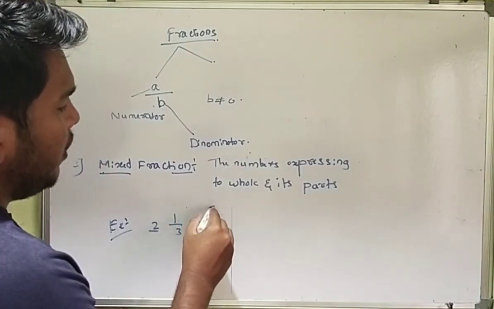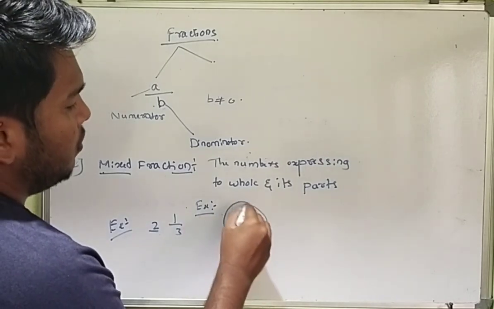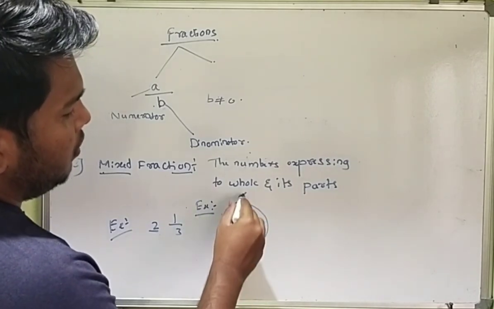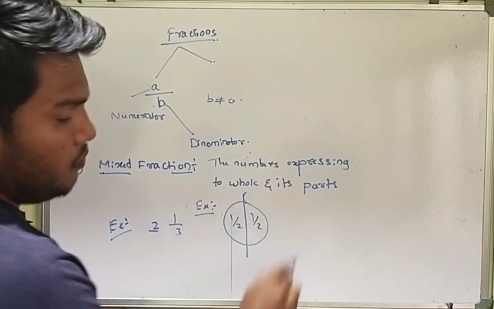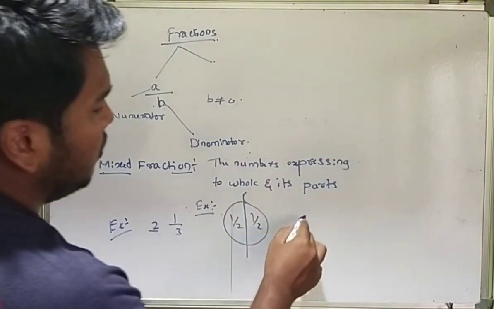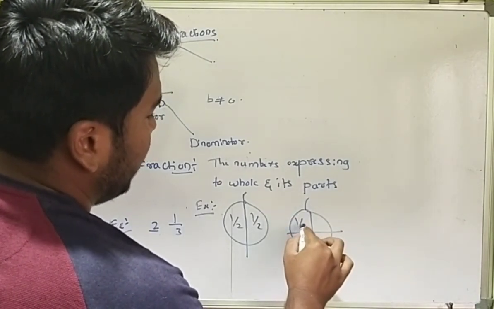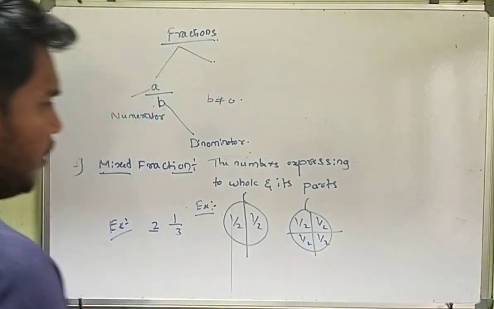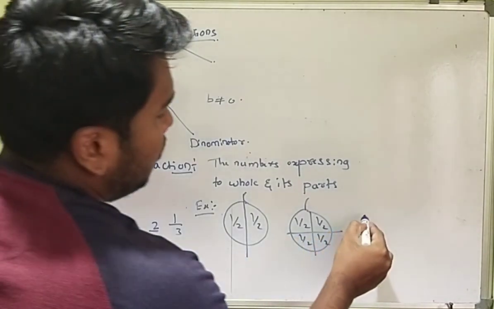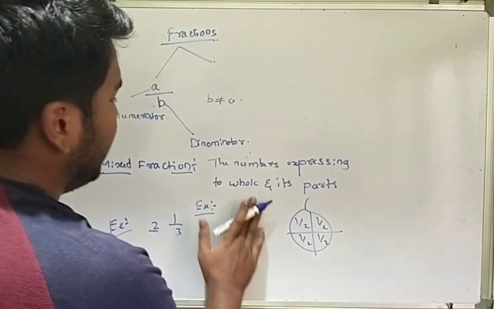Now a live example. I have one apple. If I cut it into 2 parts, I get 1 by 2 as well as 1 by 2. If I cut this apple again into 4 parts, it is again 1 by 2, 1 by 2, 1 by 2 and 1 by 2. This is the proper fraction, but we want a mixed fraction.